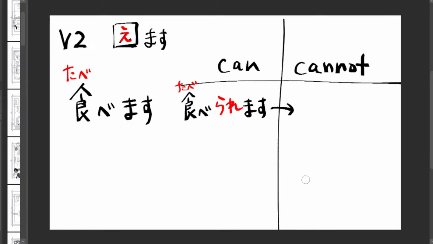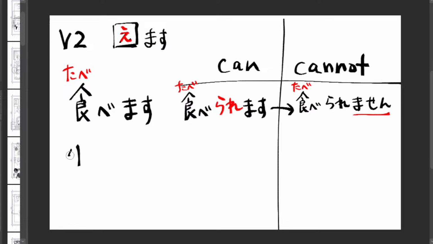I cannot eat it. The masu will become masen. Taberaremasen.